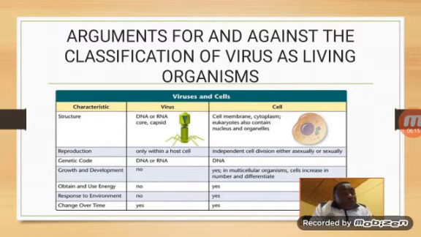Viruses do not respond to the environment, or to any stimuli, while living cells do respond. So for you to say that viruses are living organisms, you are only backed with one reason. But those saying viruses are non-living have reasons such as that they cannot reproduce on their own, and out of all 7 characteristics, they only carry out one. So these are the arguments used in the classification of viruses as living or non-living.